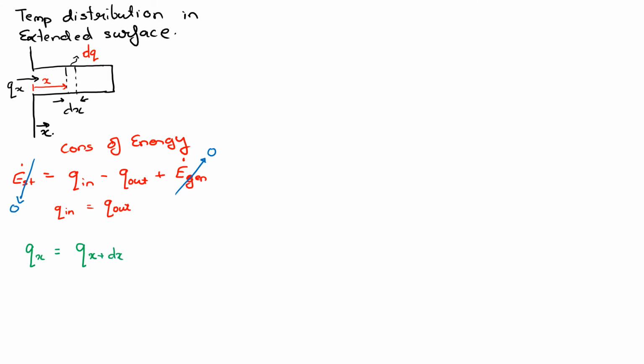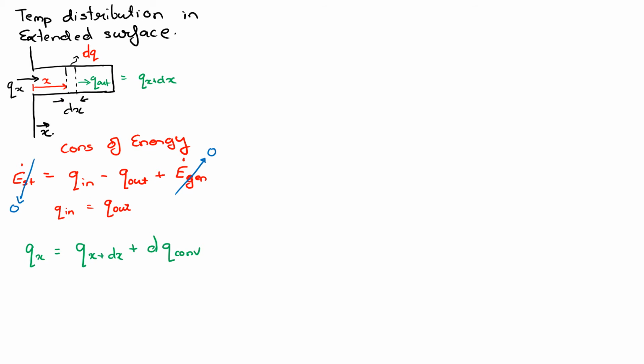That's the conduction after the control volume, at a location x plus dx, plus the heat loss due to convection, that's dq convection.